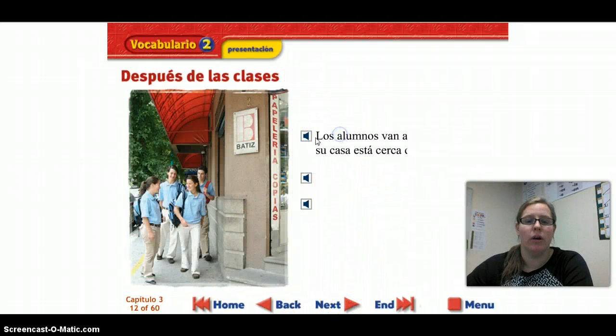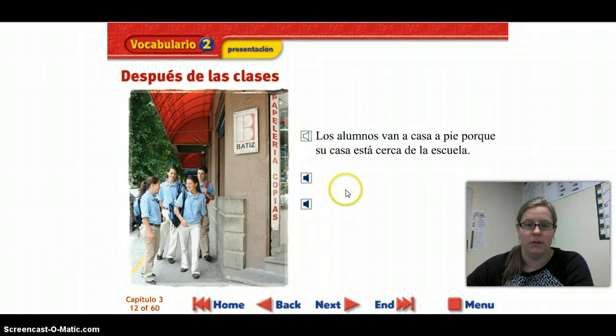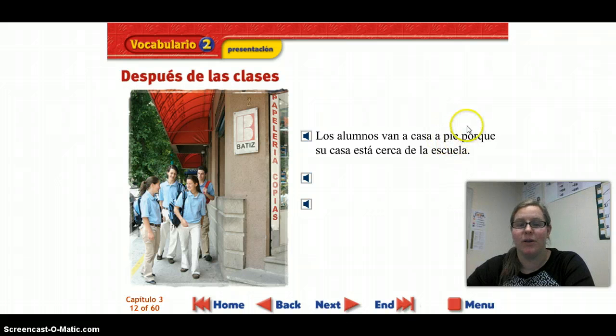Now, remember that you can always click on this. Los alumnos van a casa a pie porque su casa está cerca de la escuela. To hear the audio, okay? And that's the same whether you're on Blackboard or eStudio. So, let's look at this word, a pie. So you should have defined it by now. Pie means foot. But we want to make sure that we pronounce all of that because otherwise you're saying pie, okay?